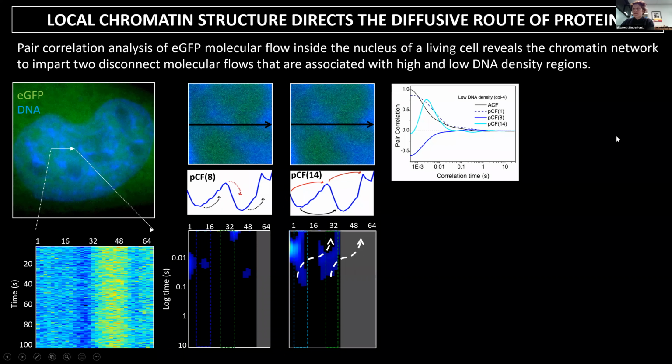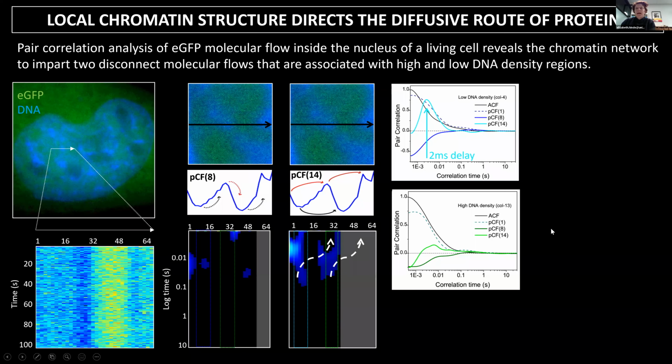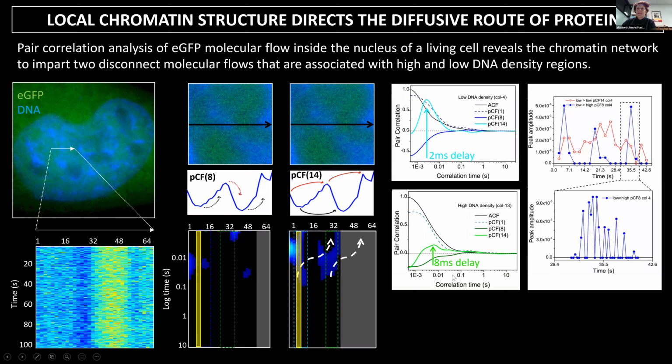So collectively, this analysis was able to tell us that EGFP can't diffuse from low to high DNA density, but it can diffuse around high density DNA environments on a timescale of 2 milliseconds. And going from high to high, importantly, is also possible on a longer timescale of 8 milliseconds. And so collectively, this suggests that the chromatin network is behaving like a channel of high DNA density regions and low DNA density regions, but there's no communication in between on the timescale of our experiment.